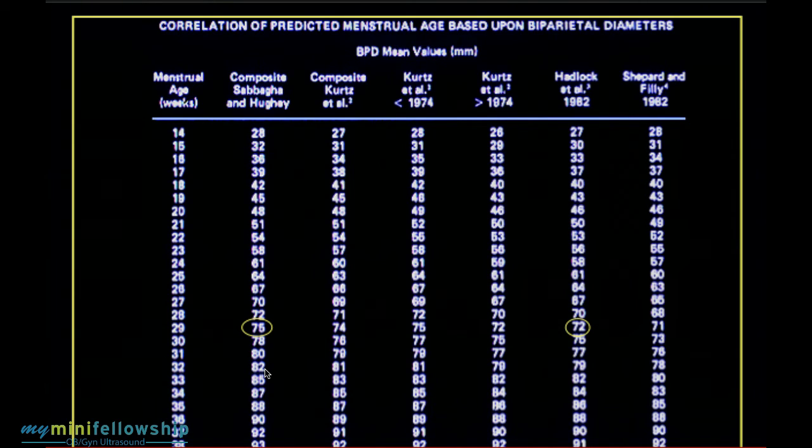So again, my recommendation and what I personally do is use Hadlock's data at every opportunity. Hadlock doesn't have data on every last aspect of fetal measurement, but he certainly has a ton of it, and I use Hadlock's data where available to me.